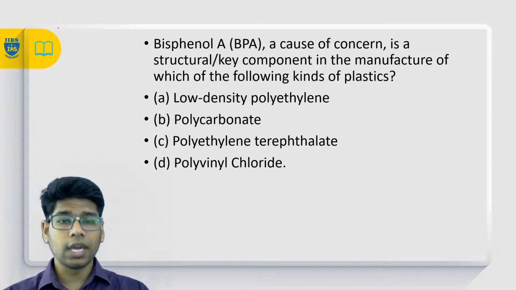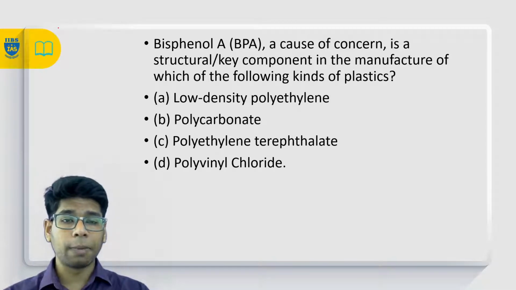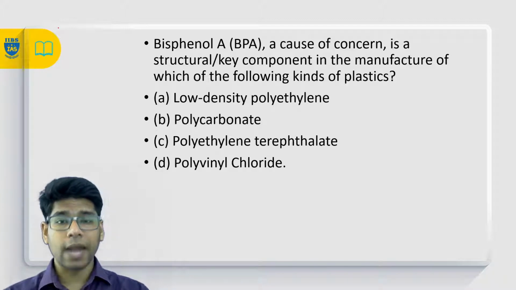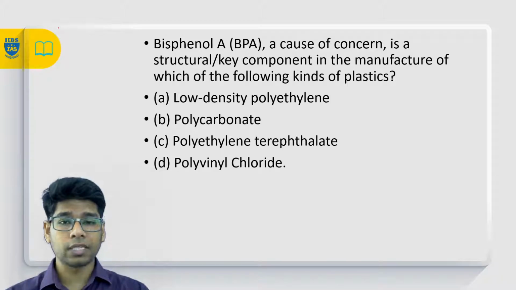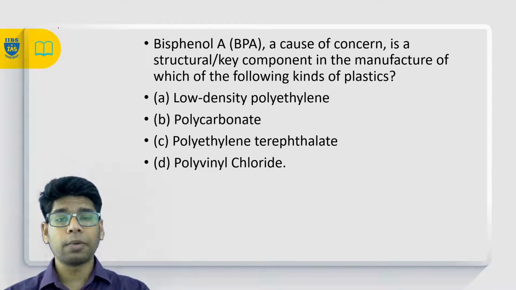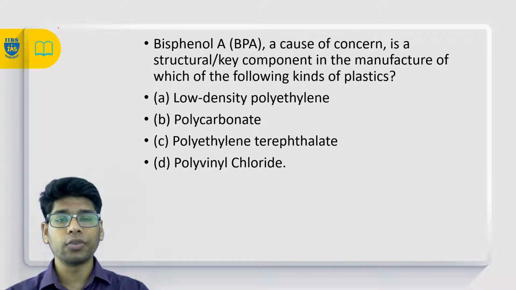Bisphenol A is the main component in the manufacturing of polycarbonate plastic. Whatever plastic we are using is mostly polycarbonate plastic. So in the manufacturing of polycarbonate, bisphenol A is released, which is a structural component of this plastic.